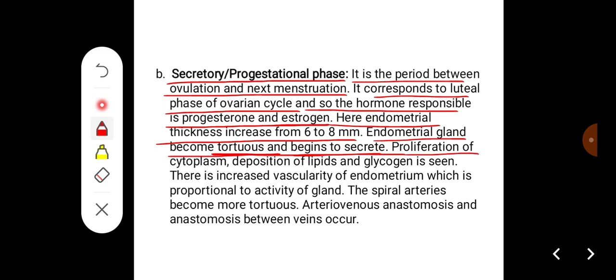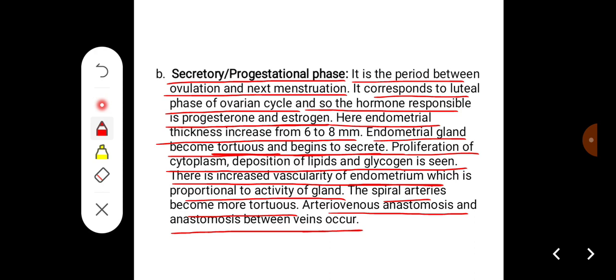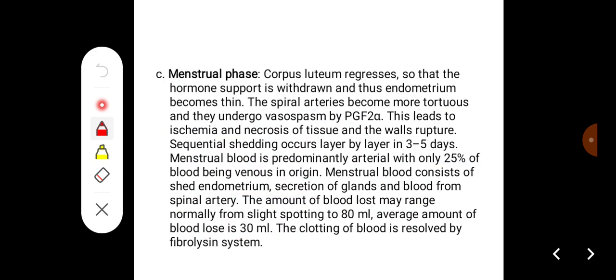Proliferation of the cytoplasm and deposition of lipids and glycogen is seen. There is increased vascularity of the endometrium, which is proportional to the activity of the gland. The spiral arteries become more tortuous. Arteriovenous anastomosis and anastomosis between veins occur in this phase.